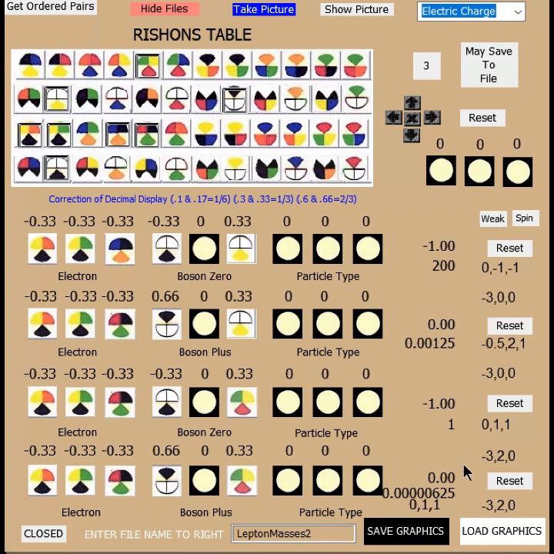And we will find that, as previously noted, the mass factor between the charged and uncharged leptons will be 160,000 electron units. And so in this case, this value of 625 hundred millionths is the reciprocal of 160,000 electron units.